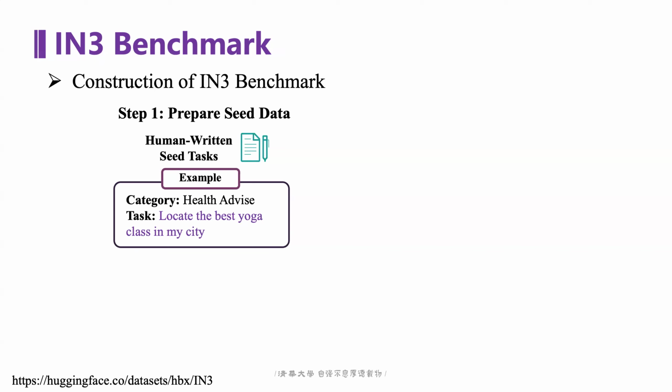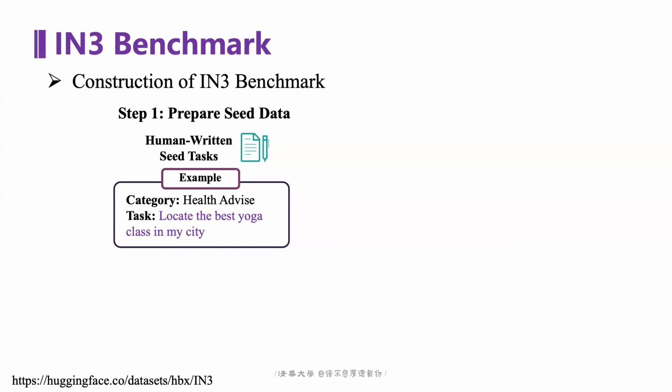So we first have all of these human-written seed tasks. These tasks have two most important traits. One is that they are agent tasks. An agent can use an online searching tool or a web browser to carry out the task.